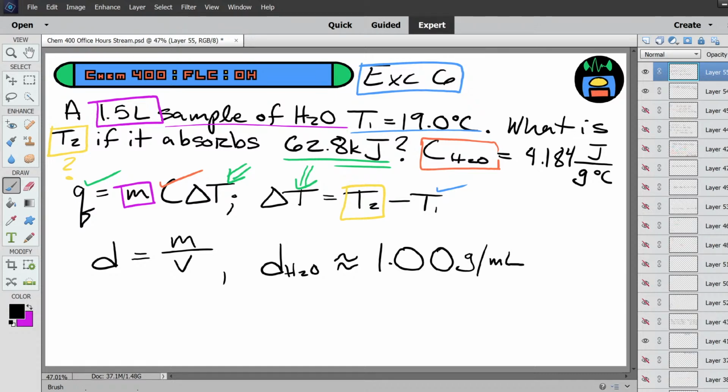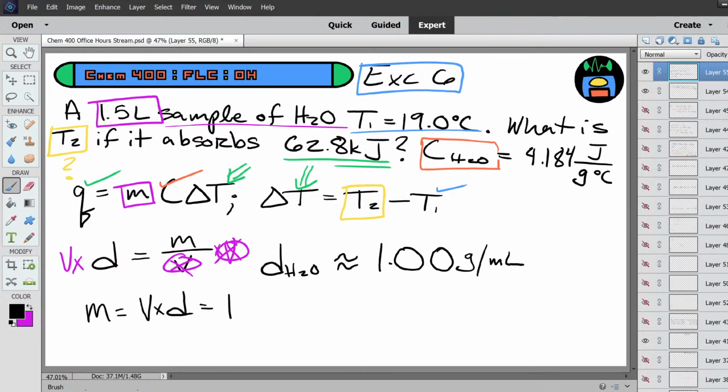So if you're ever unsure, you can always just use 1, and that will allow you to find your mass, because you can solve by multiplying both sides by volume. Mass is equal to volume times density.